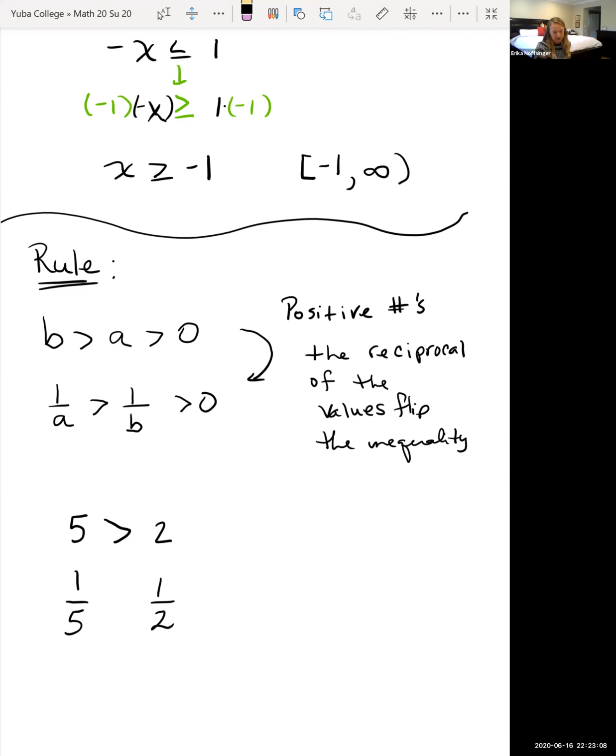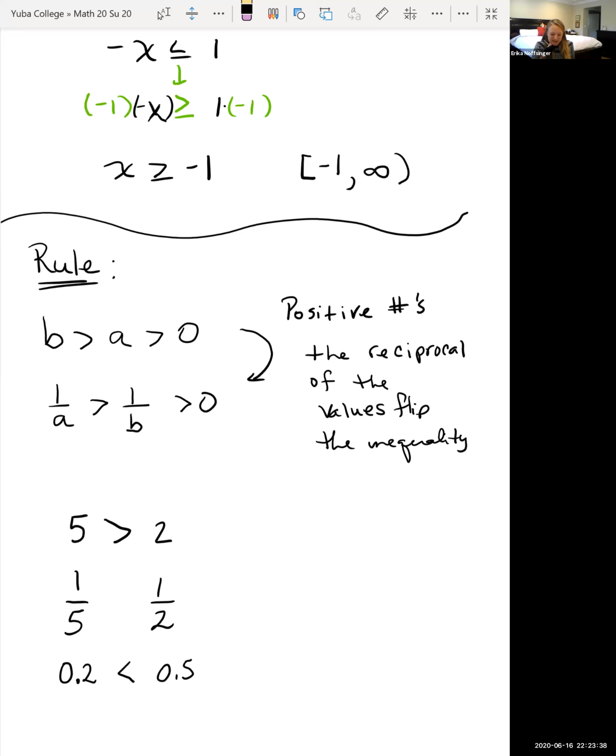If it's hard for you to see which fraction is bigger or smaller, sometimes putting it in decimal form is easier. Well, 1/5 is the same thing as 0.2. So is 0.2 bigger than or smaller than 1/2, which is the same thing as 0.5? Well, 0.2 is smaller than 0.5.